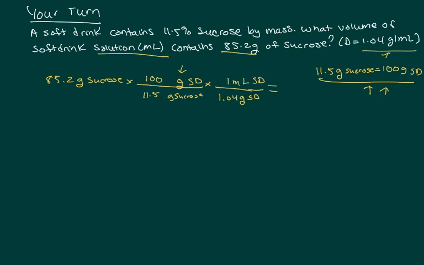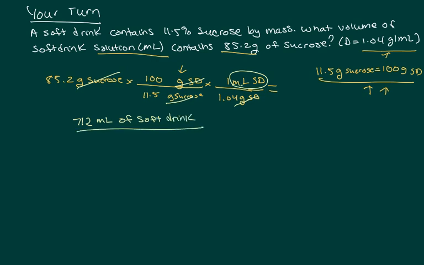And so I'm done with that. You see my grams cancel, my grams of soft drink cancel, and I'm left with milliliters of soft drink. I plug this in and I should get 712 milliliters of soft drink.